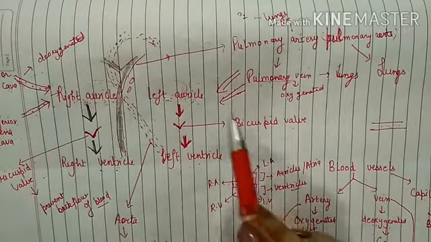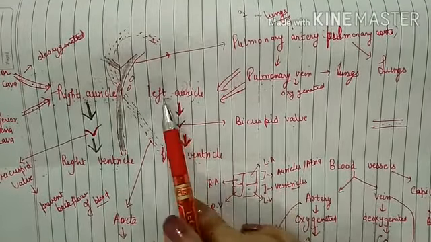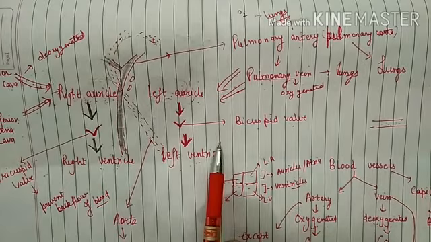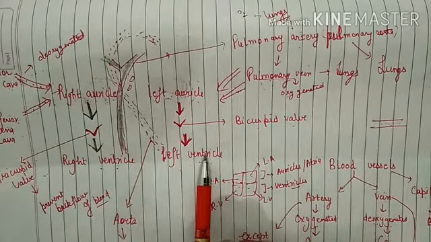Then the left ventricle has oxygenated blood, and it is also a distributing chamber, and it will distribute the blood to the whole body through the blood vessel named the aorta.